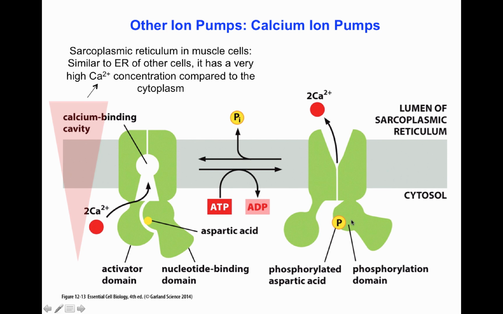And now that phosphorylated aspartic acid is going to induce a conformational change in the calcium ion pump that is going to allow for the release of calcium into the lumen of the sarcoplasmic reticulum, therefore moving calcium ions across their concentration gradient.